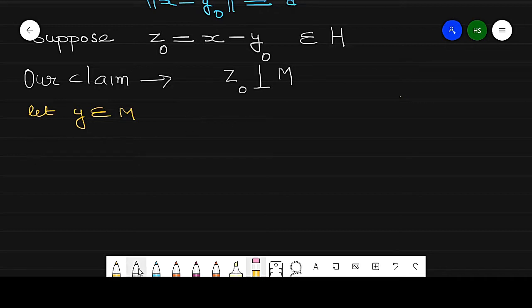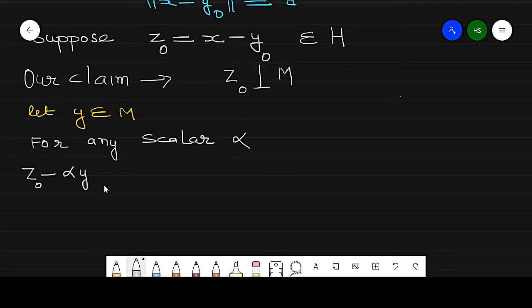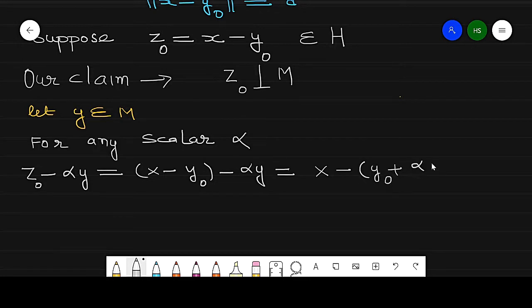In general, I am taking some scalar, for any scalar alpha, so I write z naught minus alpha y, which is equal to x minus y naught minus alpha y, and this can be written as x minus y naught plus alpha y.